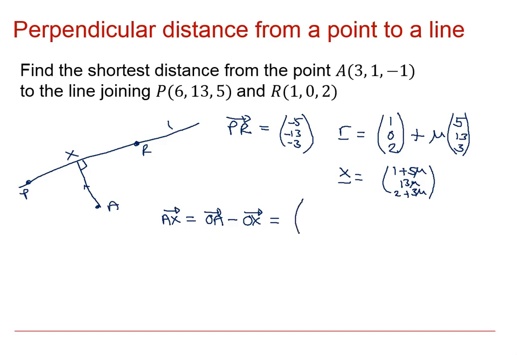So that's going to be (3 - (1 + 5mu), 1 - 13mu, -1 - (2 + 3mu)). That's using these values here for the position vector of A. So if we simplify that slightly, we have (2 - 5mu, 1 - 13mu, -3 - 3mu).